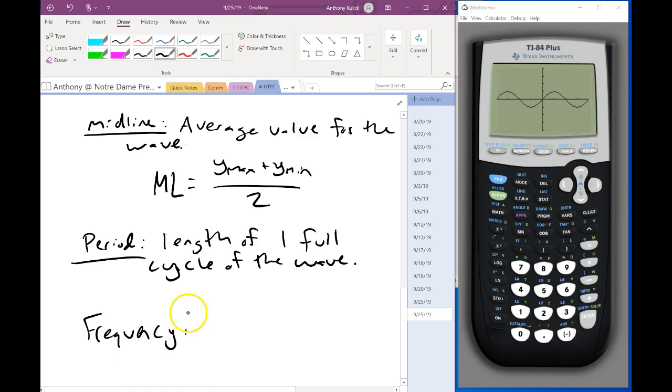And then the frequency, we say, is the number of cycles a wave completes in 1 unit.